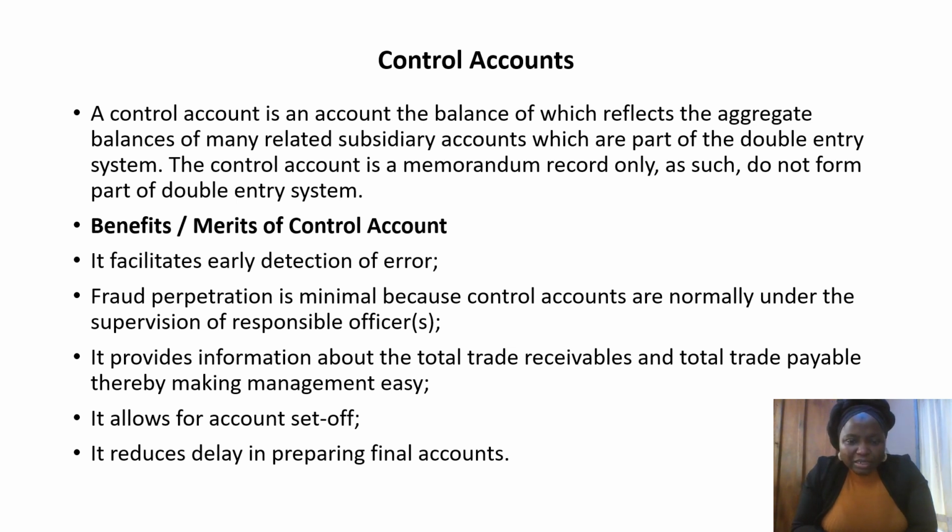So we believe that having such accounts on ground will assist the organization to have its exposure to fraud minimized. Then it equally provides information about total trade receivables and total trade payables. Like I said, when we talk about trade receivable, we are talking about sales.